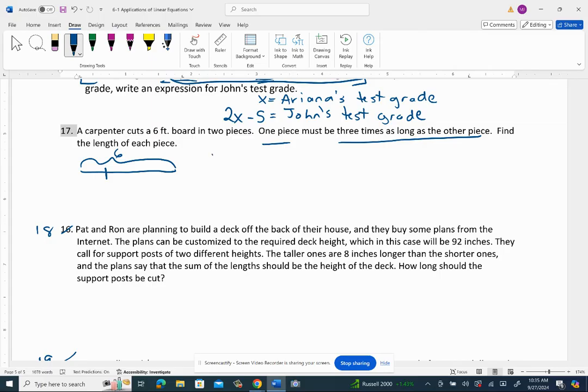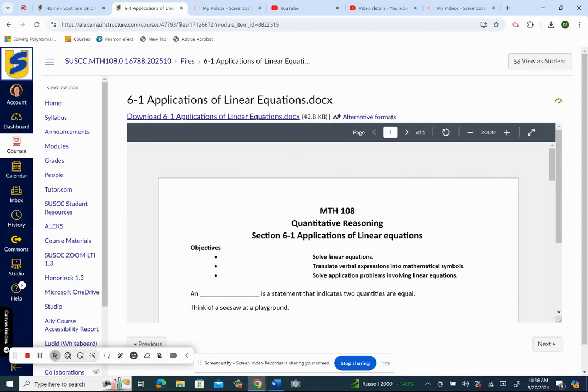If I let X represent the length of the shorter piece, so that would be this, then I could write an expression for the length of the longer piece by thinking about the fact that the longer piece is 3 times as long as the shorter one.